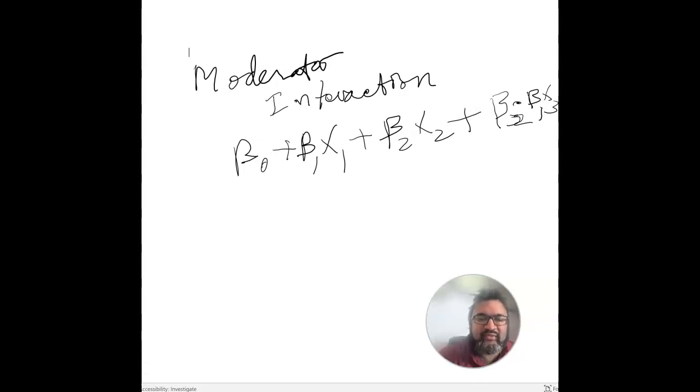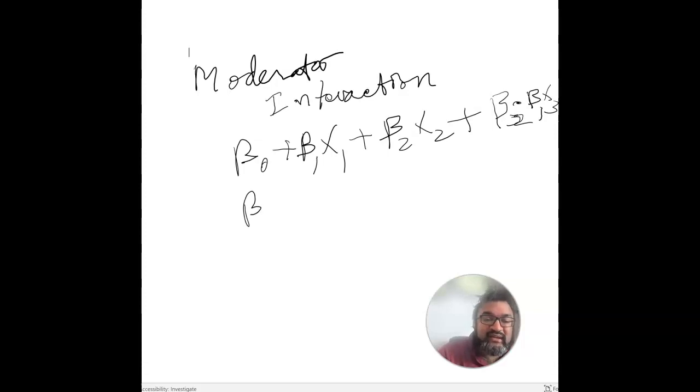So let's take a look at what this means in terms of actual variables. Let's say that we're trying to take a look at the interaction, the moderation, between diabetes and obesity.